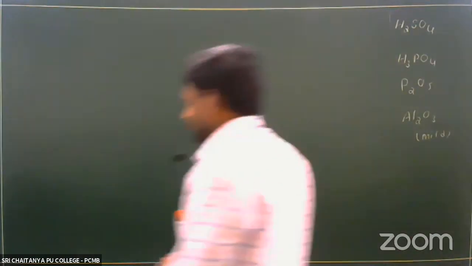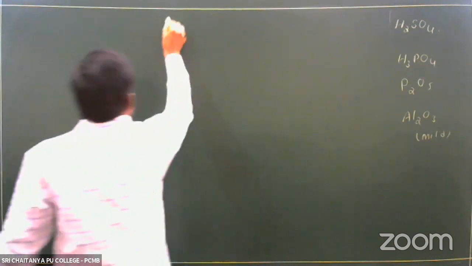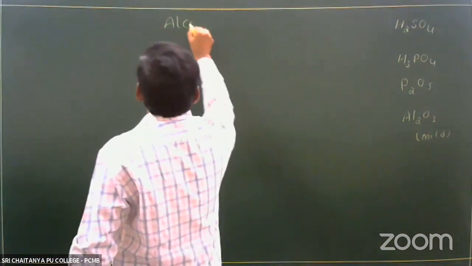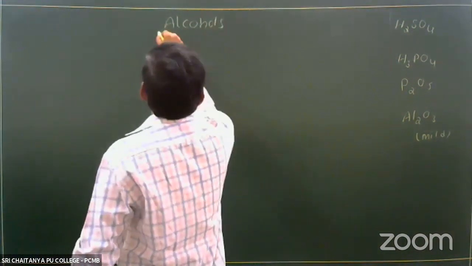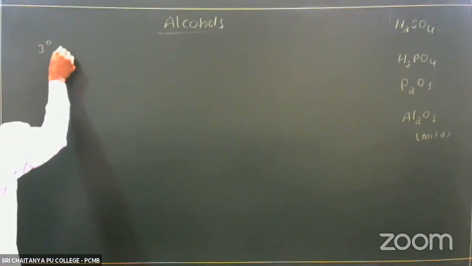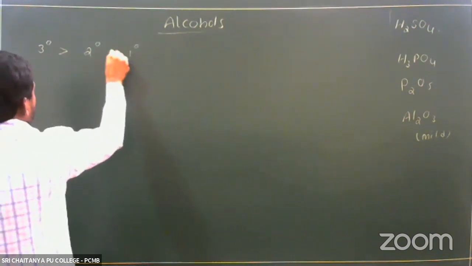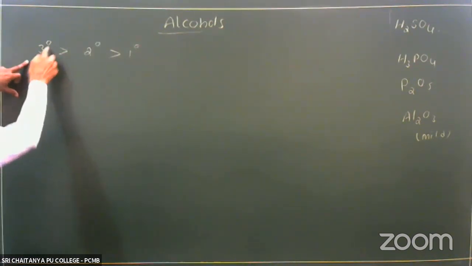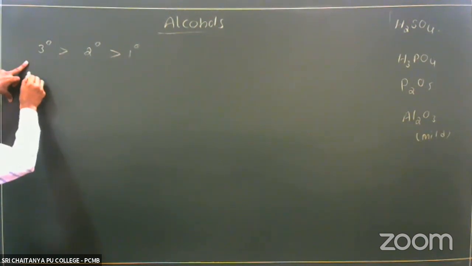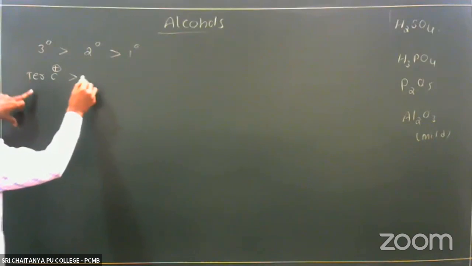Now, the dehydration order of alcohols. Tertiary alcohols undergo dehydration more easily than secondary alcohols, which undergo it more easily than primary alcohols. Because a tertiary alcohol can form a tertiary carbocation, which is more stable.